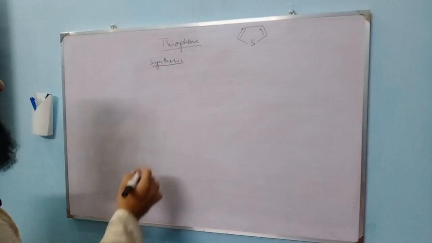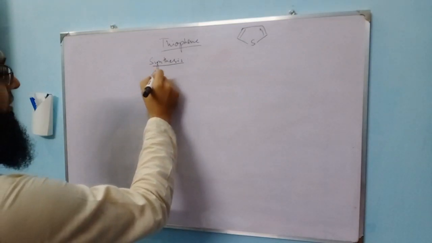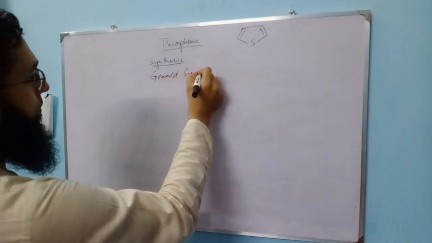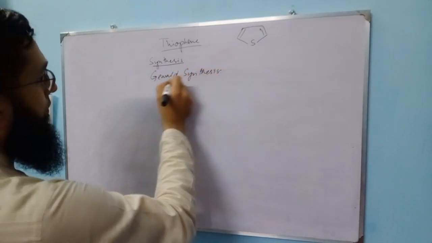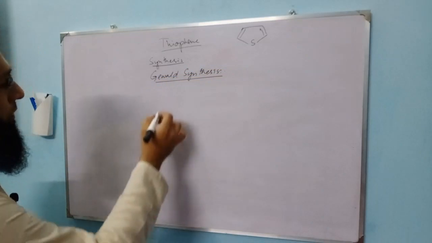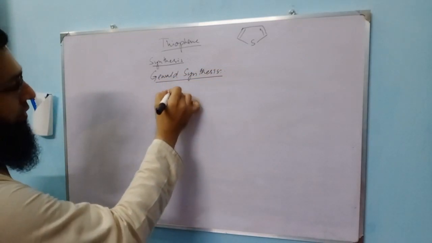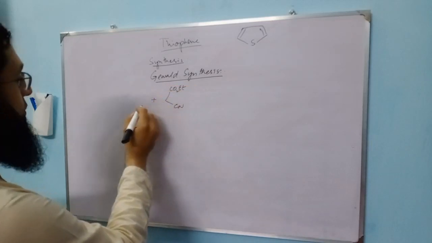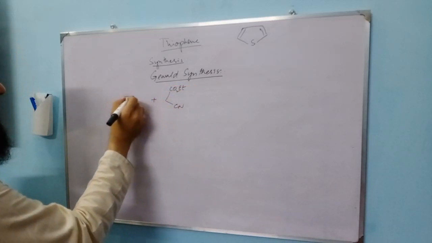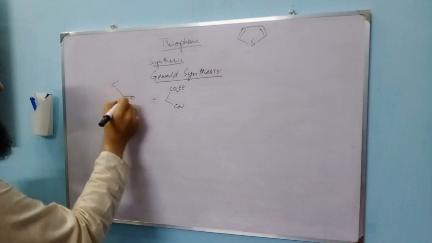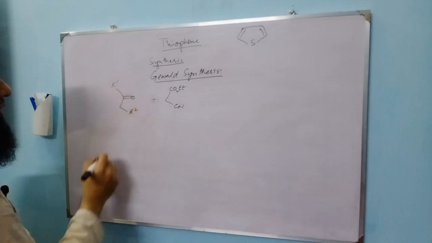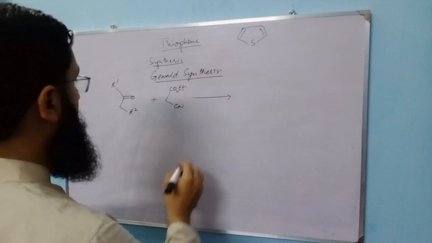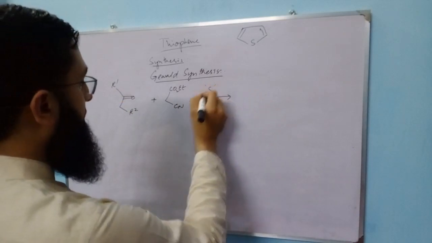Okay, the next method is the Gewald synthesis. In this method alpha-cyanoacetates are used, and they are allowed to react with alpha-methylene containing carbonyl compounds, and we get thiophene derivatives, and this reaction takes place in the presence of sulfur.